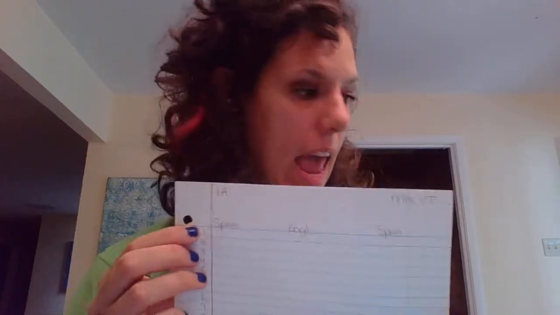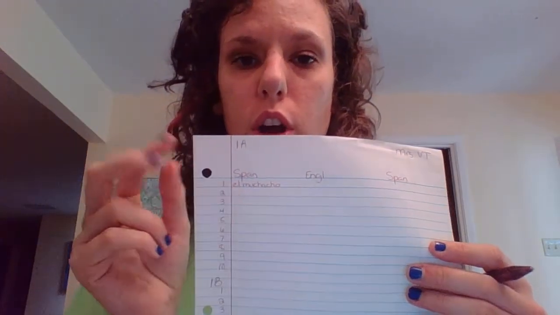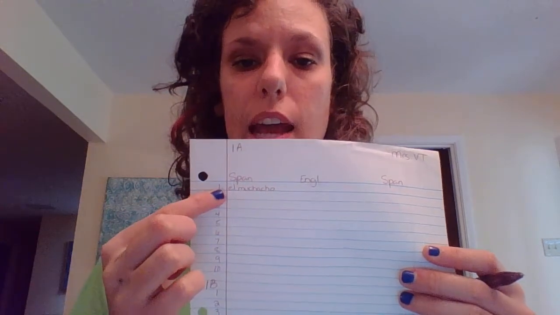So then what you do, so number 1 on 1A is El Muchacho. Okay, there it is. So then you're going to quiz yourself by saying, okay, in Spanish, the word is El Muchacho. So the English is the boy. Okay, so you'll start out like that.